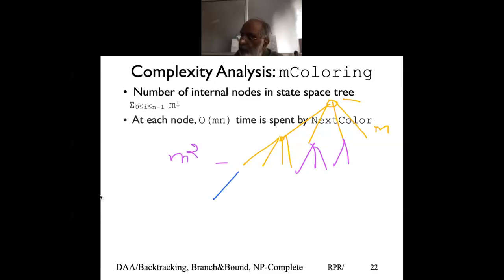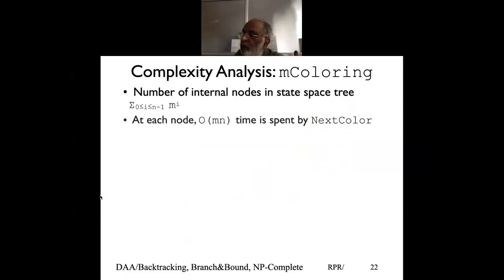At level 3, each of these gives me m cube nodes. That means at level i, my number of nodes is m raised to power i. So total number of internal nodes is the sum from 0 to n minus 1 of m raised to power i. And at each node, we're spending this much time, order mn, from the next color algorithm.